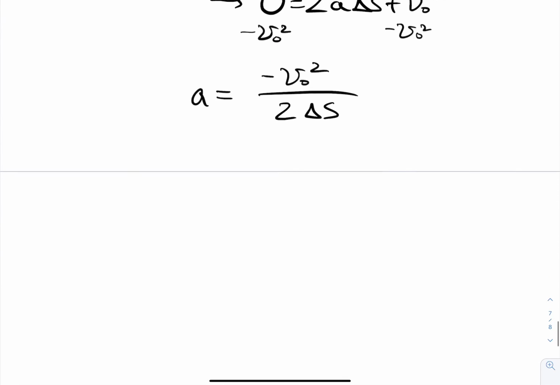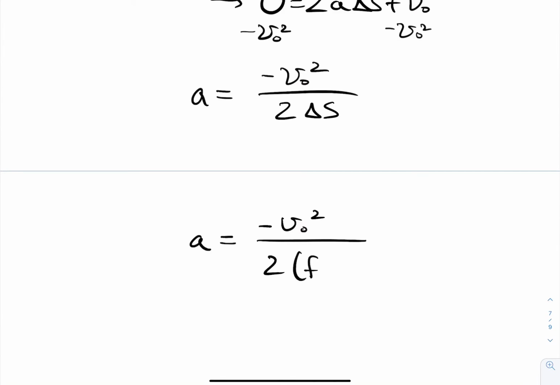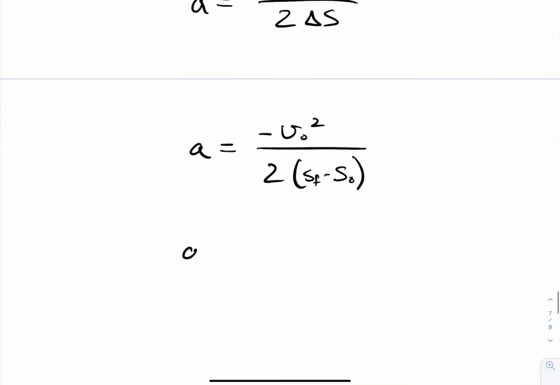And just to keep going with this rigorous solving of the problem, I'm going to go ahead and break up the delta. So that would be S final minus S initial.